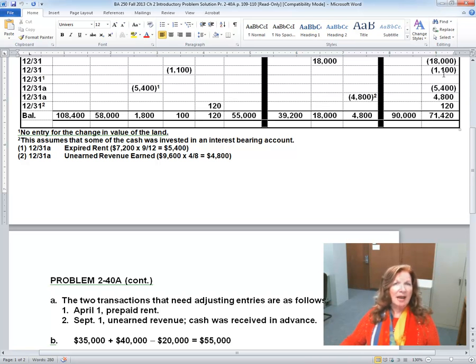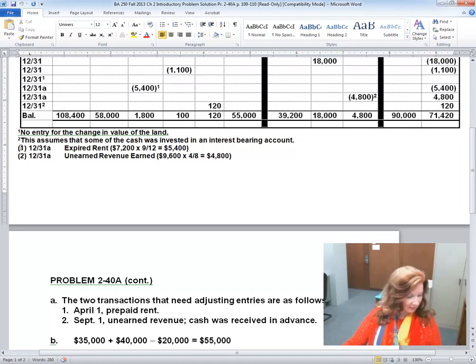There's not been an outside transaction that made this happen. Now, there will be some moderate exceptions to that, but much later in the class. So for right now, we're going with the rule that if it's not realized through an outside transaction, we don't recognize it and there's no entry. And that's footnote number 1 right over here, and it says no entry for the change of land.